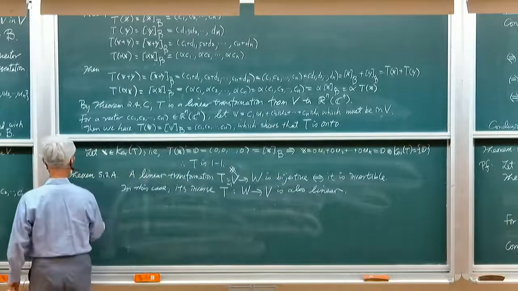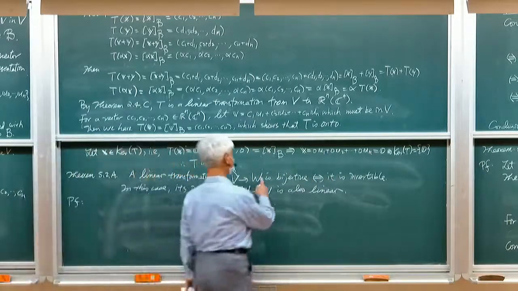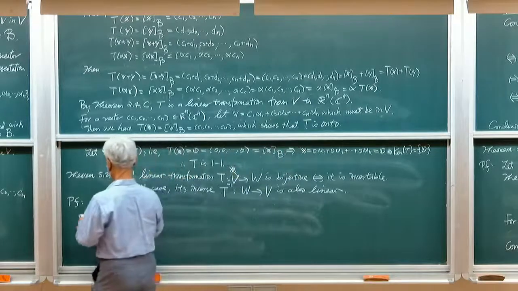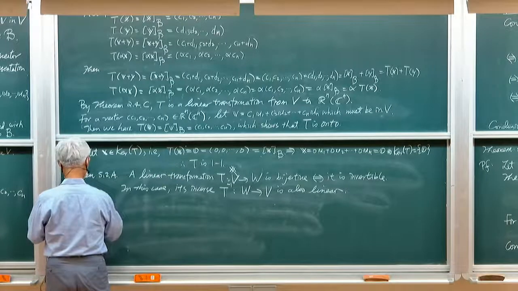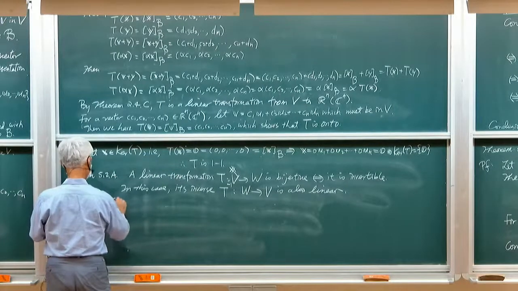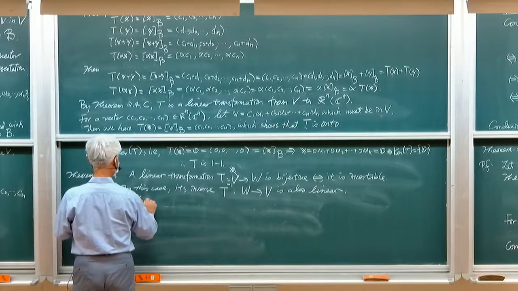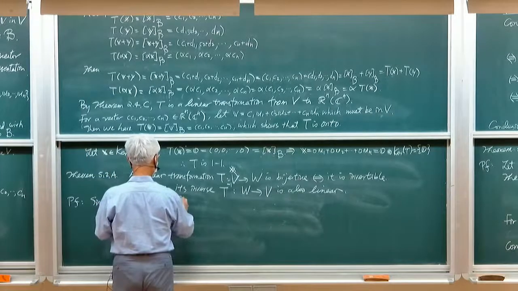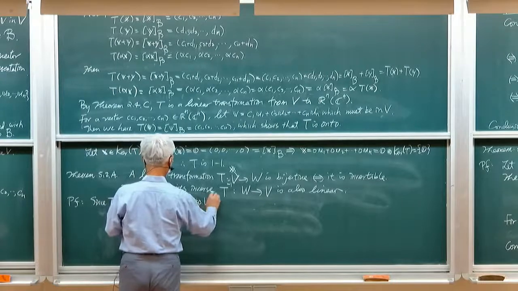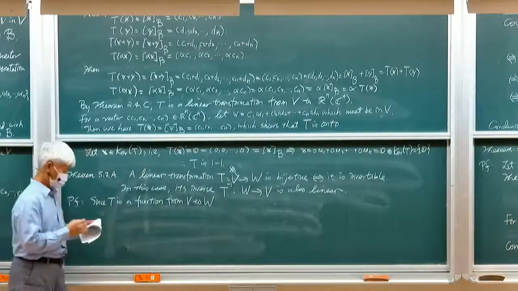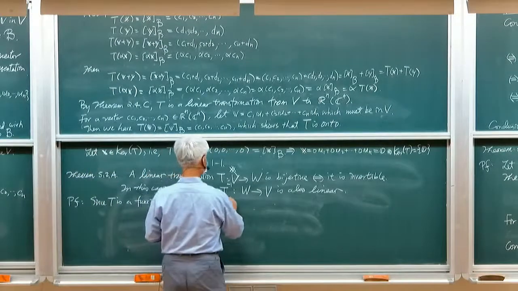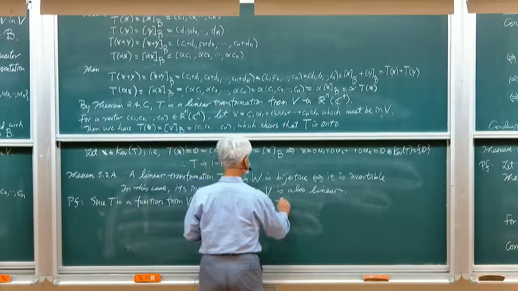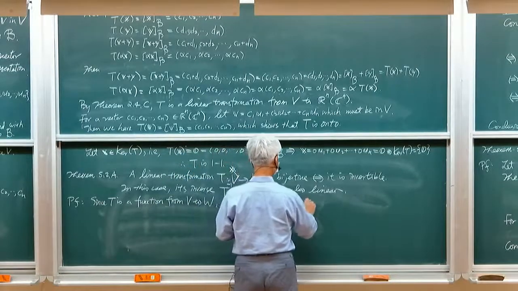The first part of the theorem has been proved before, since T is a function itself; a linear transformation is just a special type of function. So T is a function from V to W. It is bijective if and only if it is invertible.